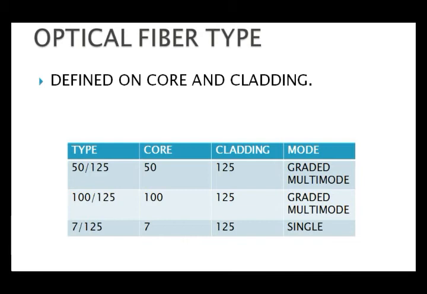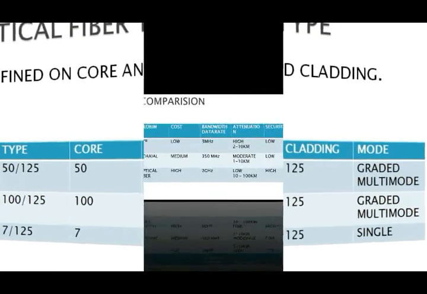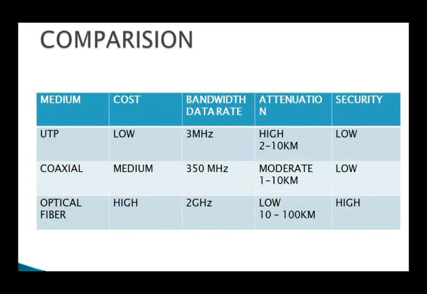If we compare all the three guided media, then this will be the result of the comparison. If it's twisted pair cable, the cost will be low and its bandwidth data rate will be till 3 Hz. It has a very high attenuation.